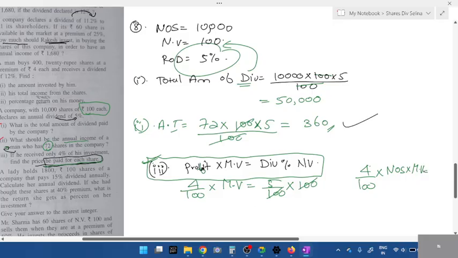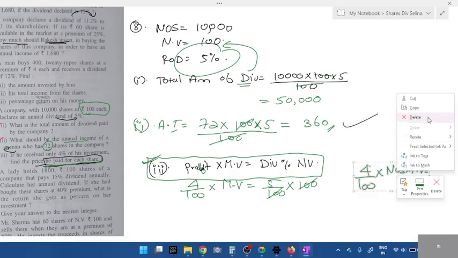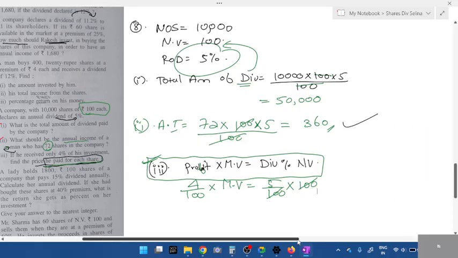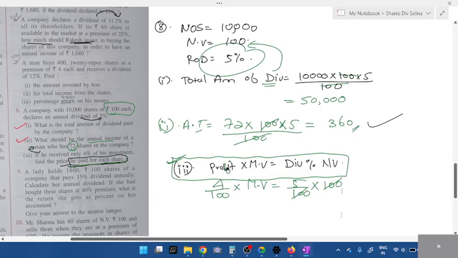Find the number of shares. Let me check if we can do it here. Okay, only for this concept, use this formula. Fine, just complete. Keep this as pending.